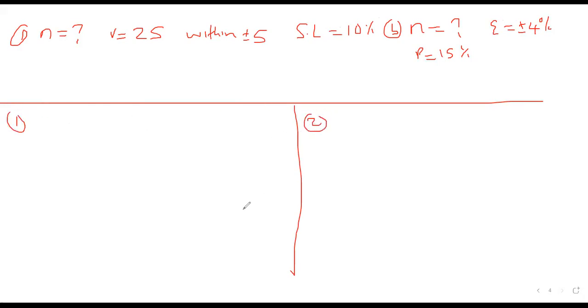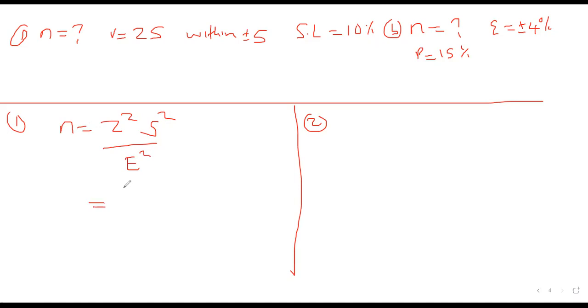What format do we use here to find the sample size? So that's n is equal to z squared s squared over e squared.